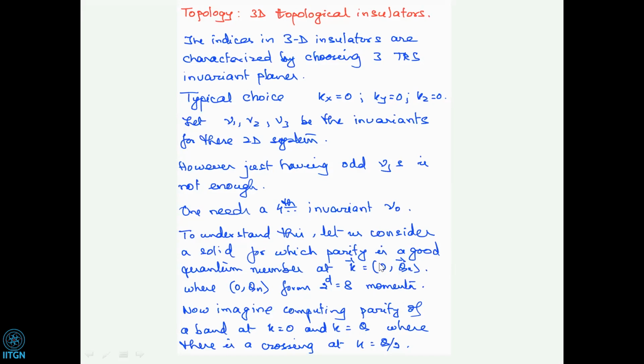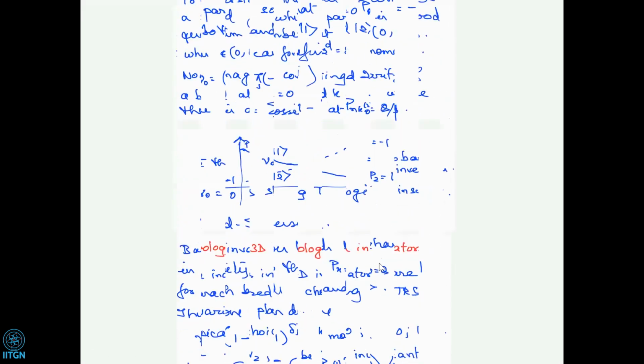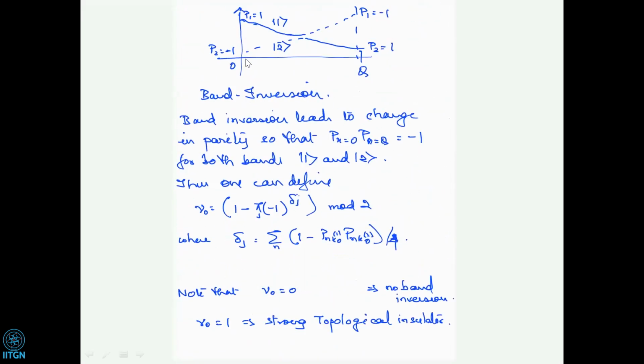Now let's look at this. Imagine that at 0, the parity of a band is 1. Unless there is a crossing of some sort, or unless there is a band inversion in between, this will remain 1 at Q.